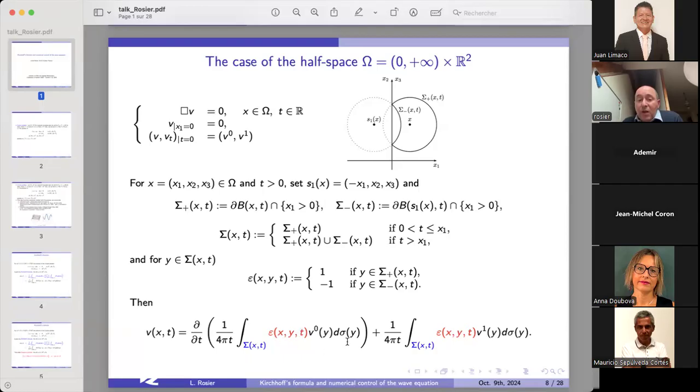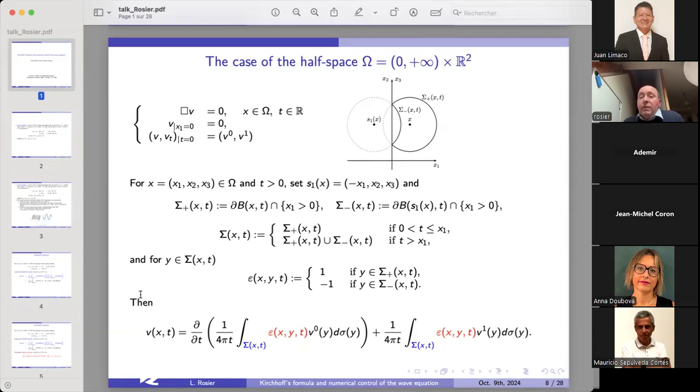And now we also have to add the function epsilon, which is 1 or -1, and we have to introduce this function in the integral. And actually, we deduce this formula from the previous one just by using a parity argument.